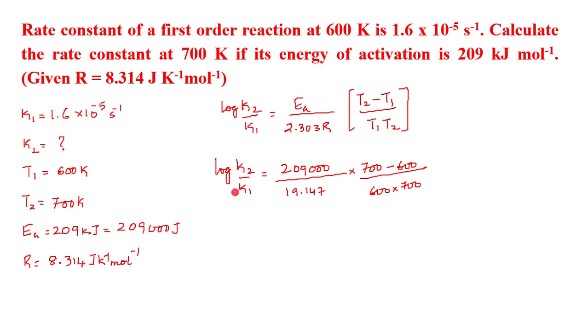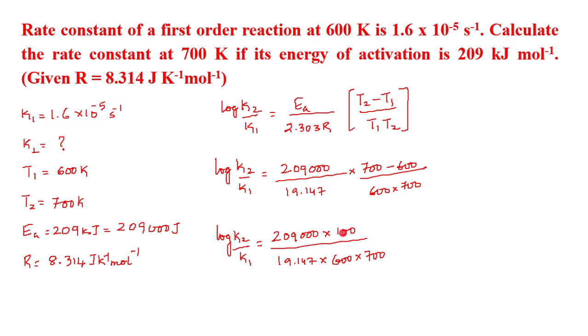Here you will be left with 100 over here. I'll write it here: 209,000 into 100 divided by 19.147 into 600 into 700.